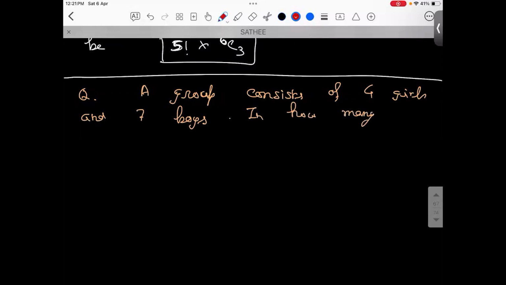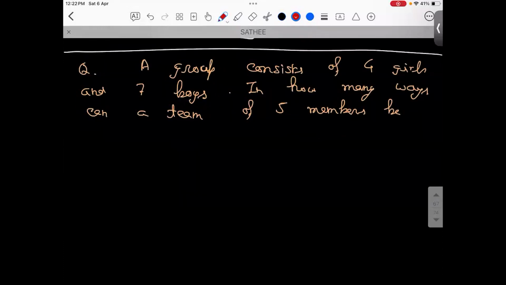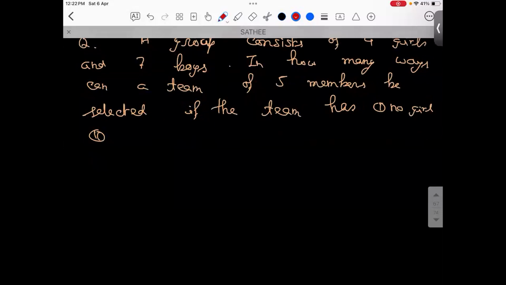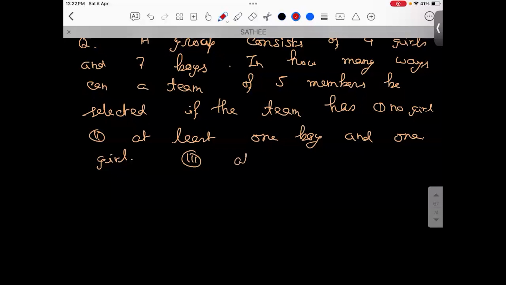In how many ways can a team of 5 members be selected if the team has: in the first case, no girl; in the second case, at least one boy and one girl; and the third case is at least 3 girls.